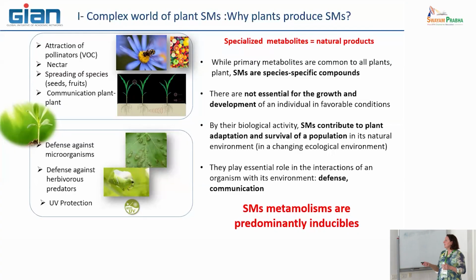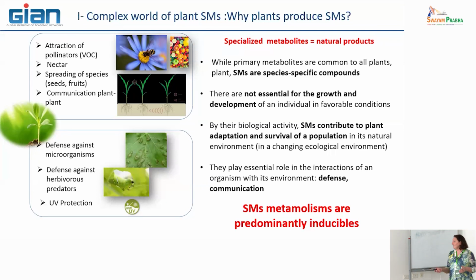Sometimes, for example, if a molecule has antibacterial activity for the plant, it can also be interesting for us for this biological activity. But when we test the molecule with other types of biological activity assay, we can find other types of property that could be more interesting in fact.